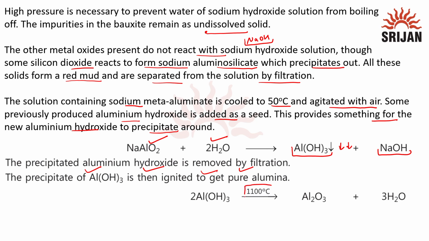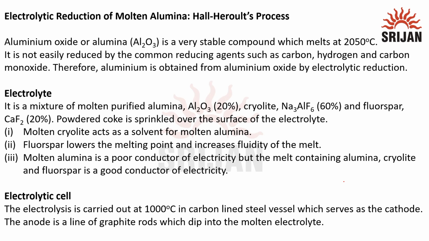So if we heat this aluminium hydroxide to 1100 degrees Celsius, it directly gets converted into aluminium oxide, also known as alumina. Now what happens to this alumina?